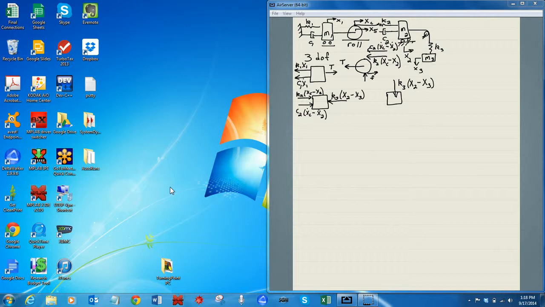So we'll start with the first box, mass 1. If you write the equations, to the right is positive because you can see the direction of x1.